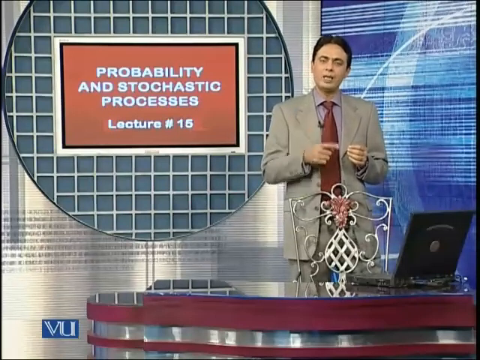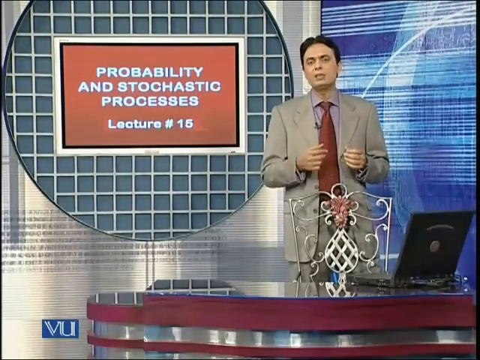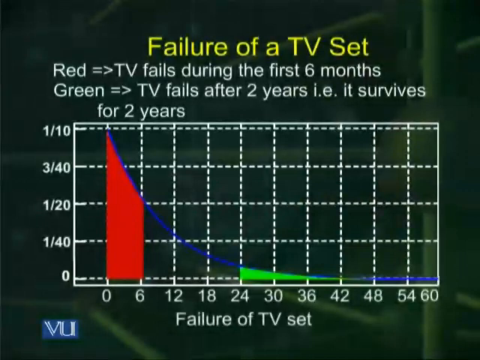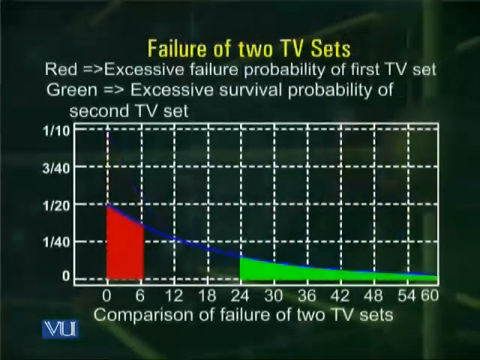So, in the next slide, you will see a comparison of two exponential random variables. One is the one that you just saw, and the other has a slightly smaller intensity of failure, which is 0.05.